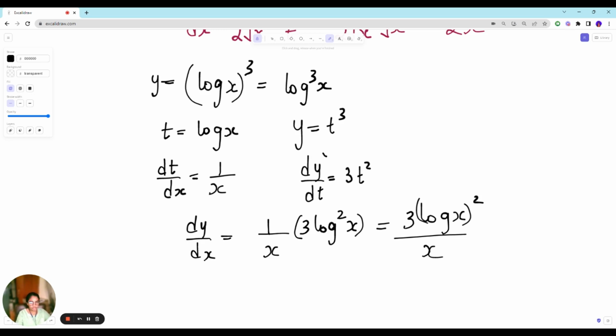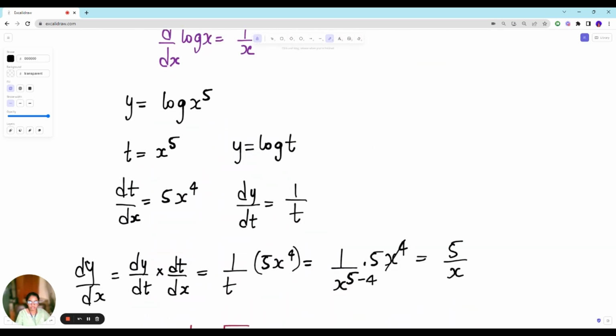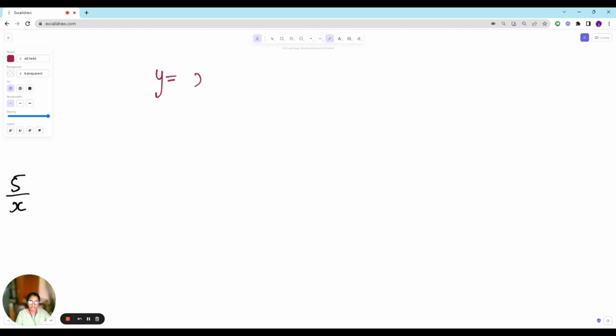Okay, let me solve one more problem. Say y is equal to x cube log x. How do we solve this? We have x cube into log x. When you read the question, you will know that they are in product. So what should I do? I'll apply the product rule. What is the product rule?